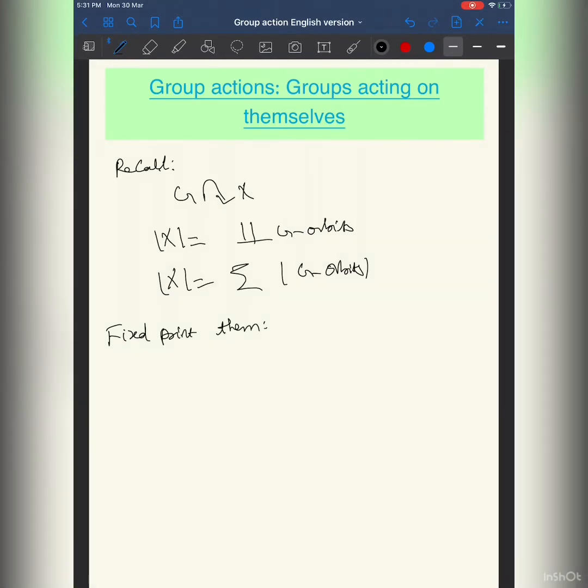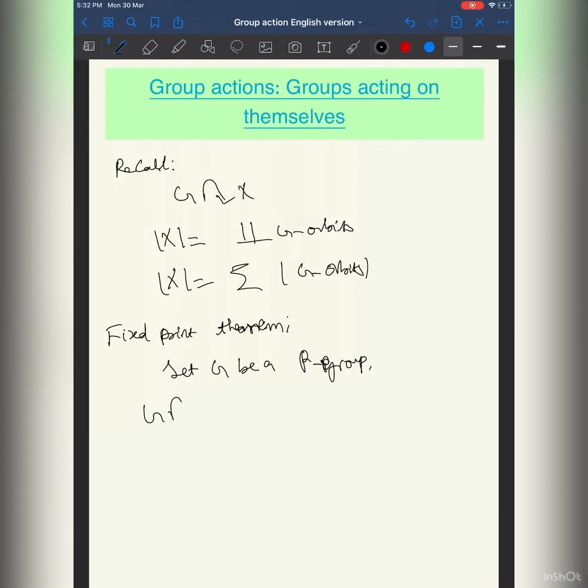This you can see in the Michael Artin book. Let G be a P group. I'm doing this because of the Sylow theorem. Later on in the Sylow theorem, we use this.